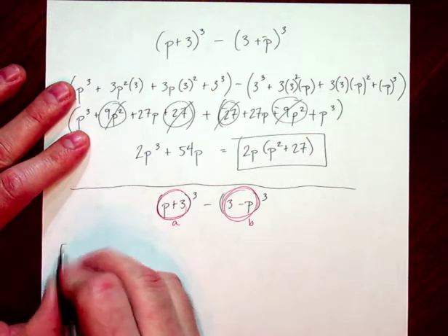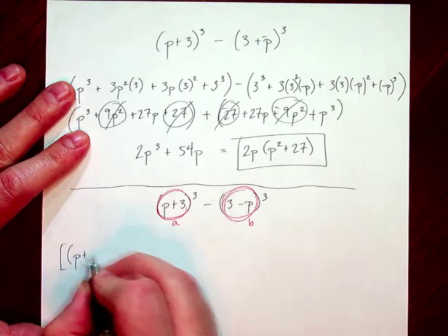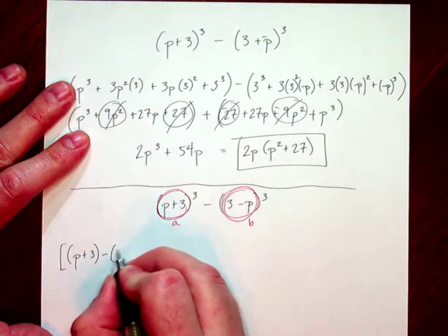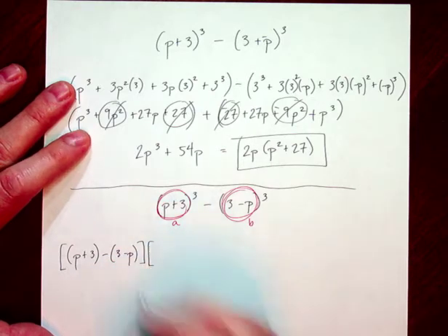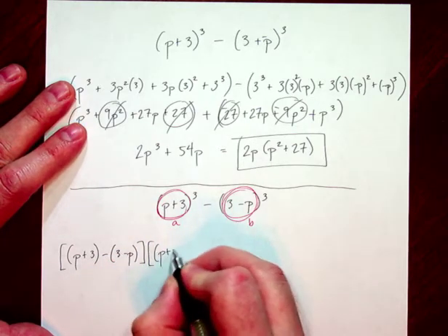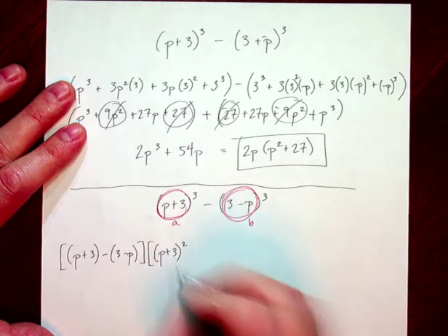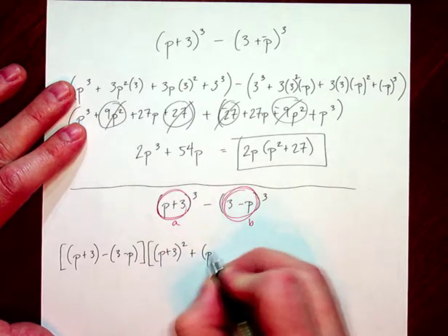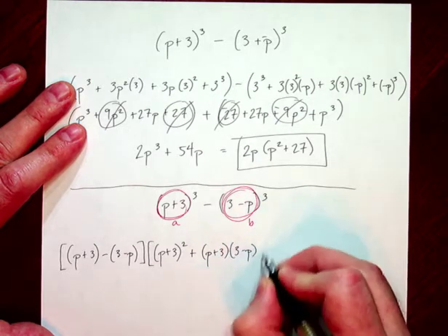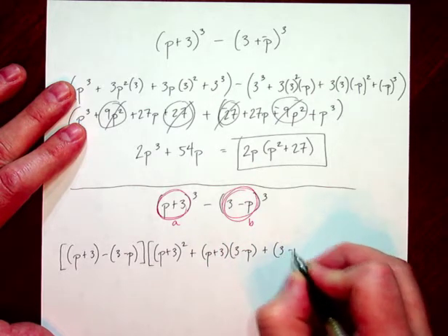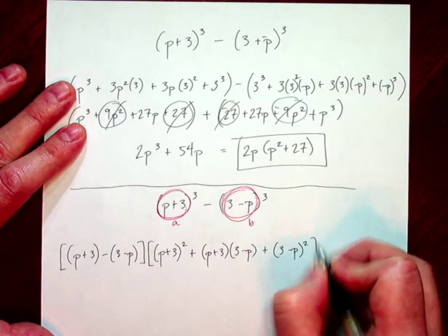So what we have here is A minus B and then A squared, okay, plus A times B plus B squared.